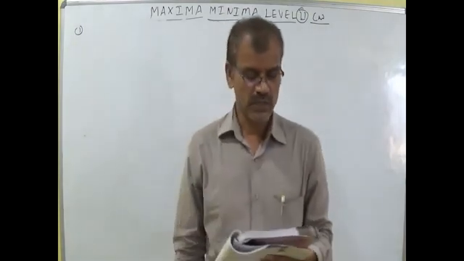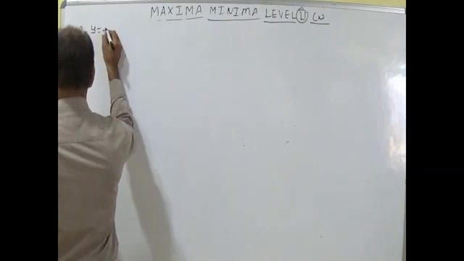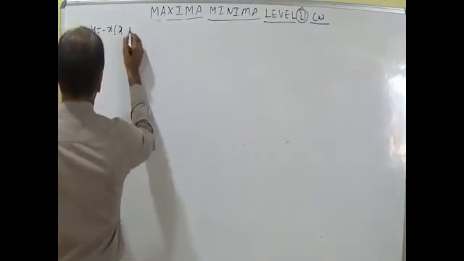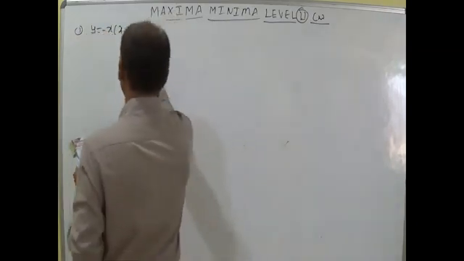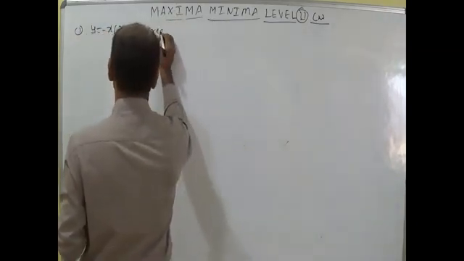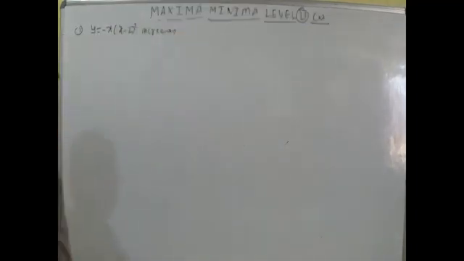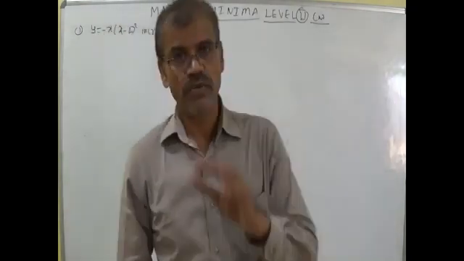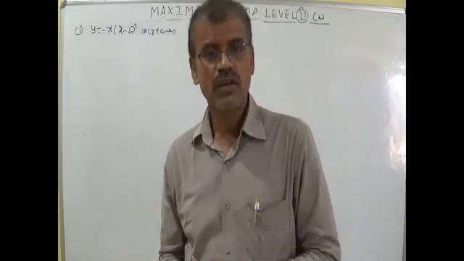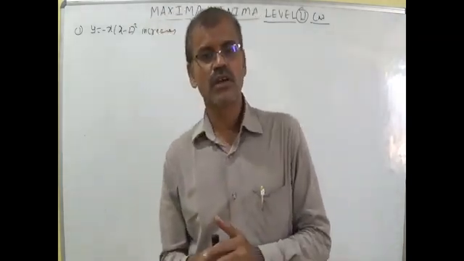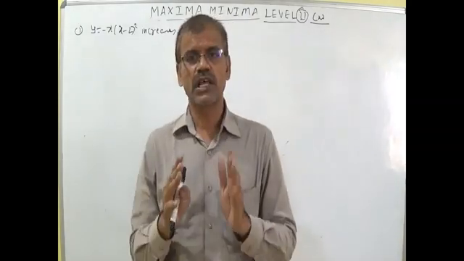The interval of x for which the function y is equal to minus x into x minus 2 whole square increases. If the function f of x is increasing, then for y equal to f of x, whether it is any curve or function, the first derivative should be greater than 0.